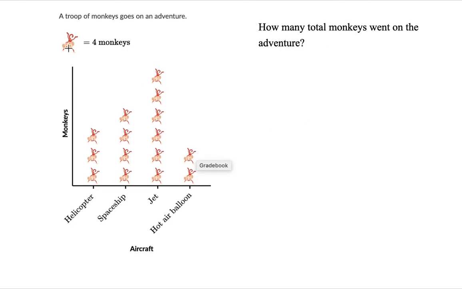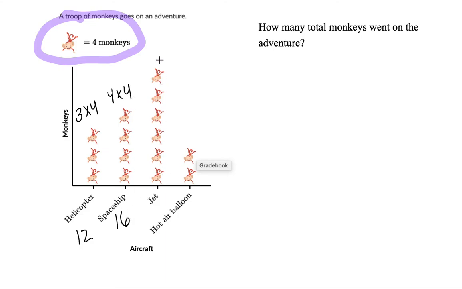Now, we have monkeys. A troop of monkeys goes on an adventure. How many total monkeys? Do the same thing. Each one of these little monkeys means there's 4 total. So 3 times 4, you have 12. 4 times 4, 16. 6 times 4 is 24.